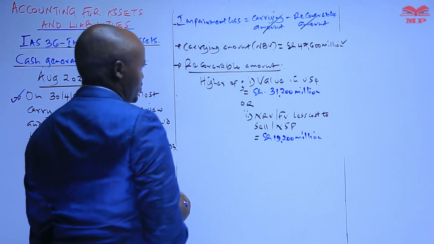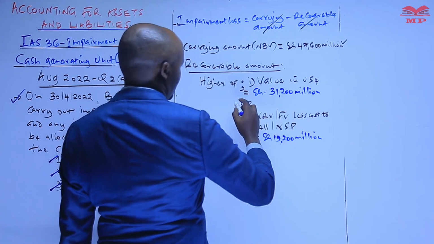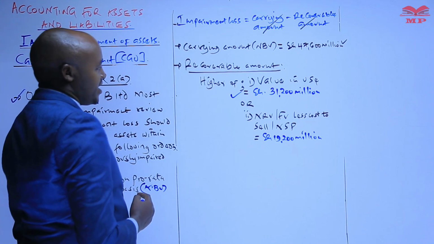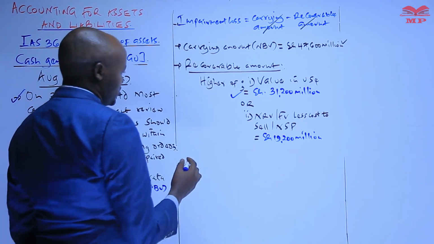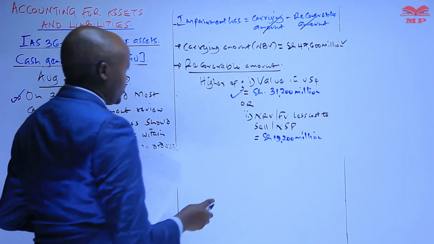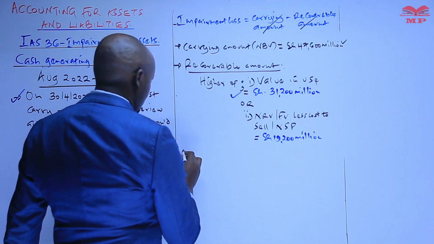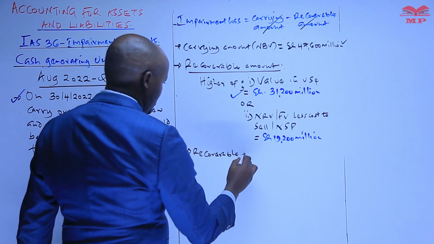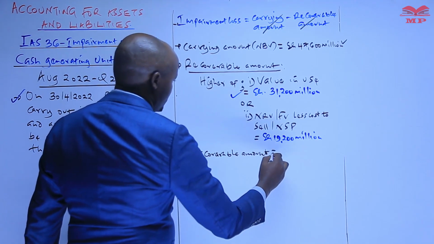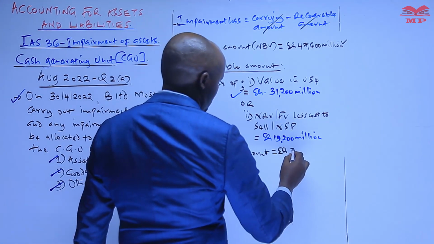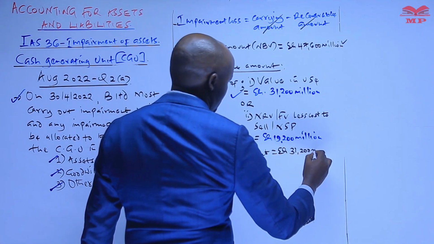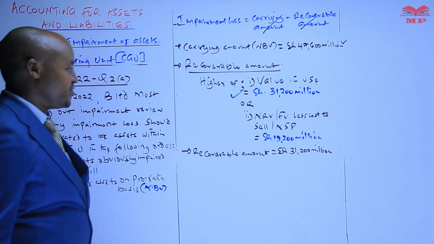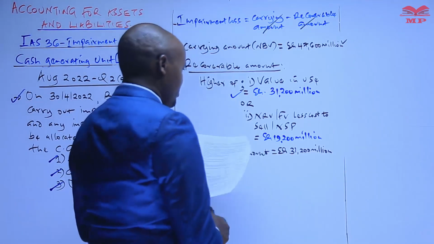So out of the two figures, we need to take the figure which is higher. Automatically, that will be the 31,200 million, and that will be the recoverable amount. So therefore, you can say our recoverable amount is shillings 31,200 million.